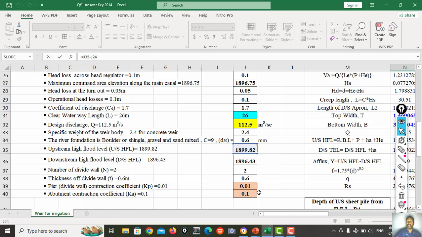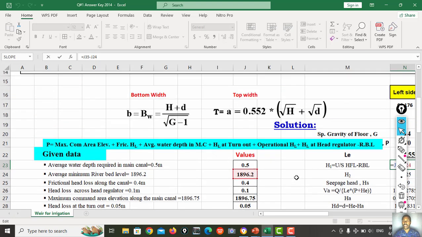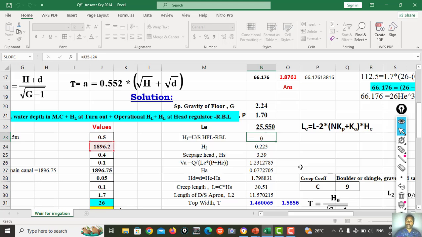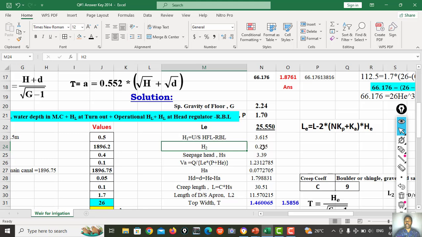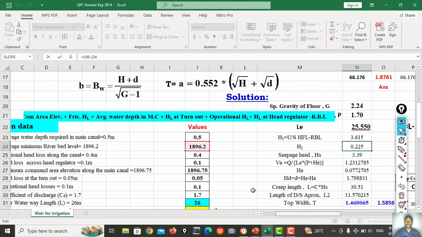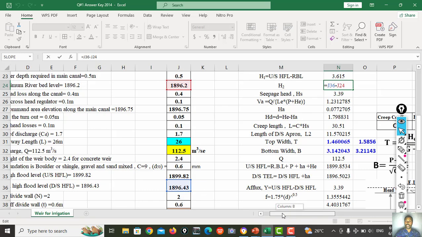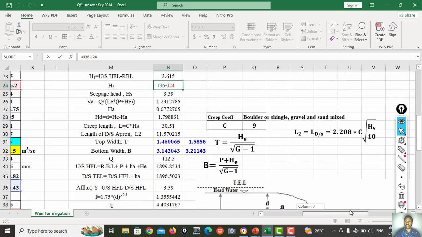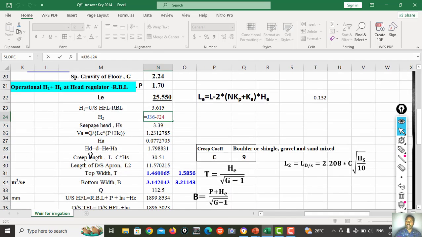If you subtract, then you get the result. Again, H2 is the same: downstream HFL minus river bed level. So this is the downstream HFL. Then you proceed.